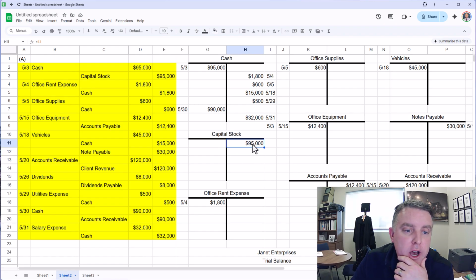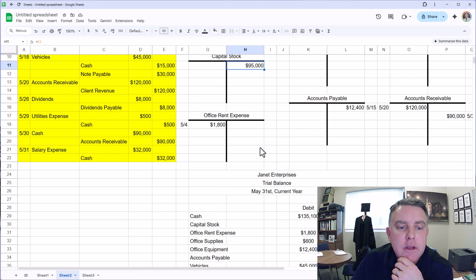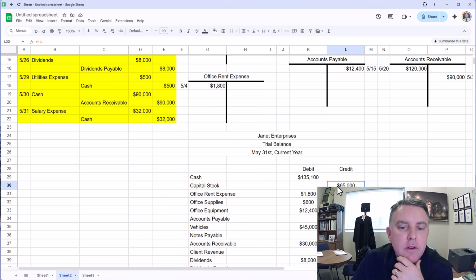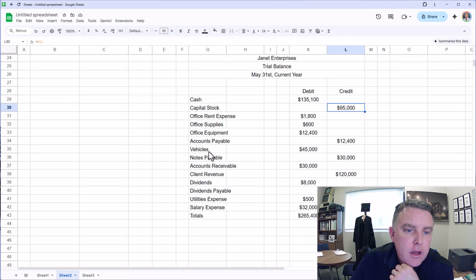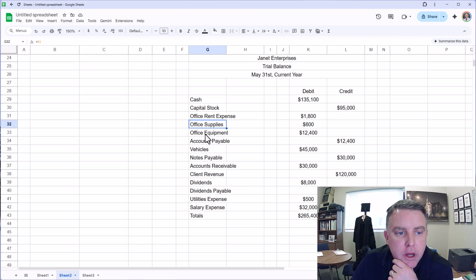And so for capital stock, we're going to list it as having a balance of $95,000, and it is a credit. Okay, and we do this all the way down. We do it for each account: cash, capital stock, office rent, office supplies, office equipment, accounts payable, vehicles, notes payable, accounts receivable, client revenue, dividends, dividends payable, utilities, salaries.